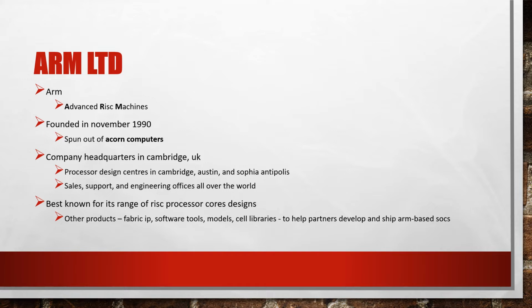ARM is best known for its range of RISC processor core designs. They also have other products, for example fabric IP, software tools such as debugging models, and a library which helps partners develop and ship ARM processor system on chips.